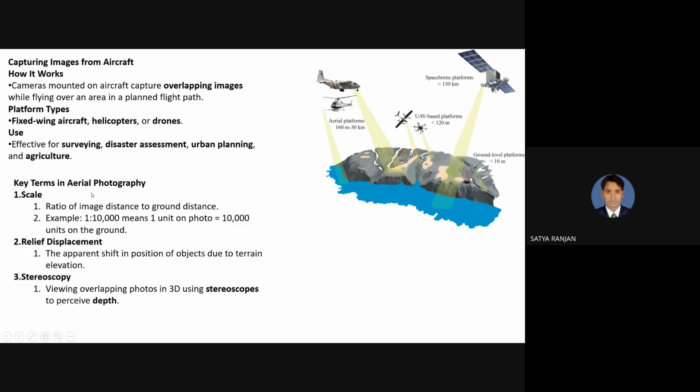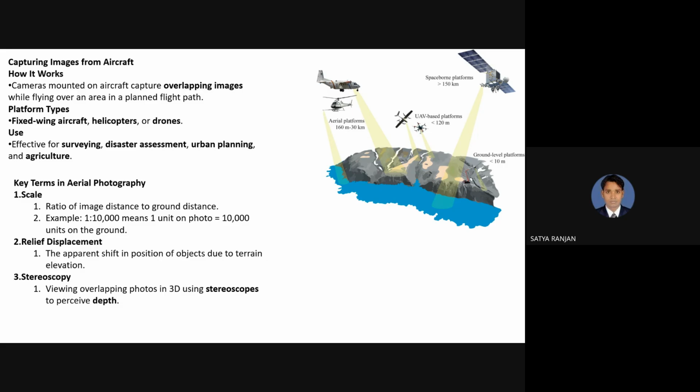Then some terms are used in aerial photography, like scale. Scale is generally the ratio of image distance to ground distance. So what is the scale? It is the distance between two objects in the aerial photograph with respect to the distance between the two objects on the ground.